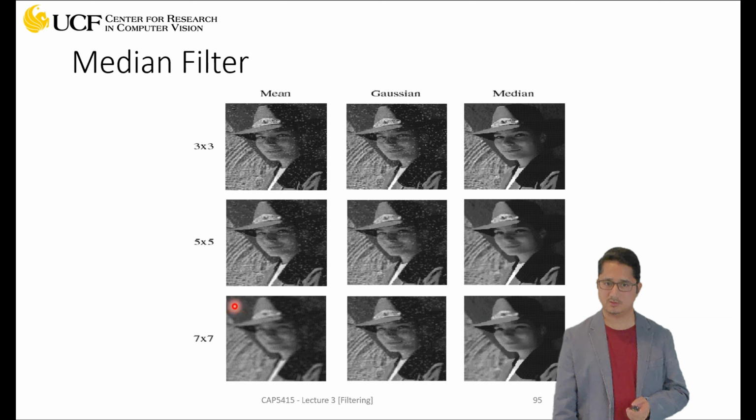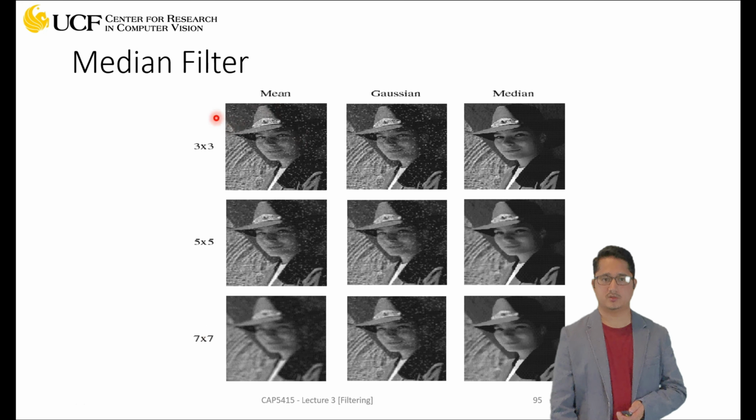Now, let's look at the example and try to understand why median filter is better. On the y-axis over here, this is just showing you the shape of the kernel. So this is 3 cross 3, 5 cross 5, 7 cross 7. You are gradually increasing the neighborhood of your kernel.